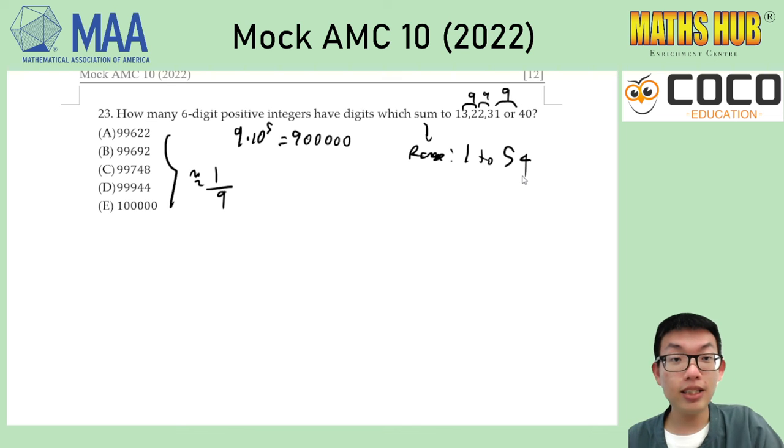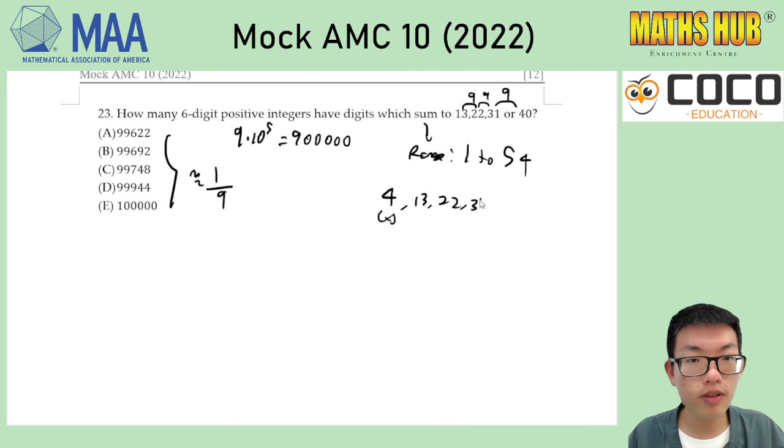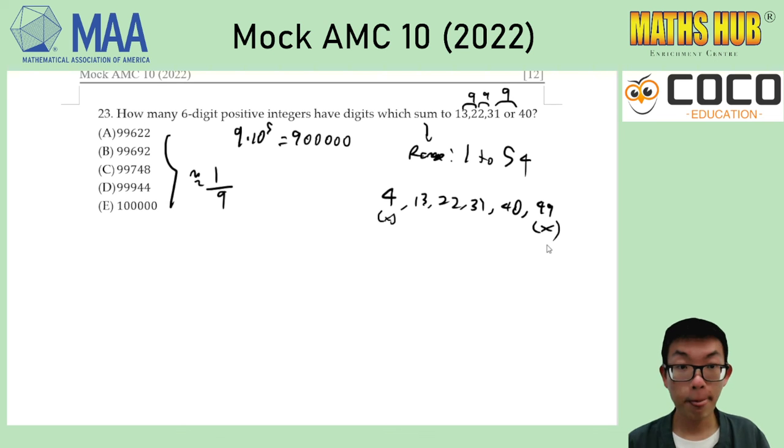So in the question, I did not have 6 possibilities, I had 4 possibilities, and there are kind of 2 missing. 4 is missing, then these 4 are there, and then 49 is missing. So there are 2 numbers that seem to be missing.